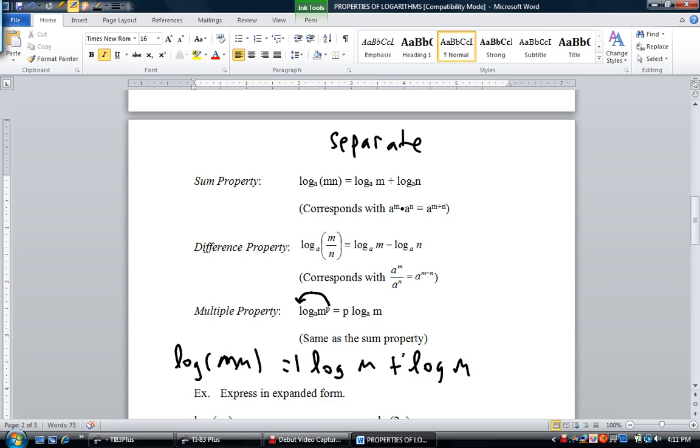You can always put a 1 in front of those. And then what's 1 log of m plus 1 log of m? That's the same as 2 log m. Why is that the same? Because m times m is the same as m squared, is it not? And if you notice, the 2 ended up out in front, which is what this multiple property says. If you have an exponent, it can move out in front.